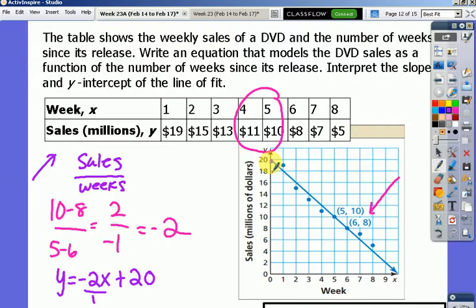You can't. There's pre-release, but for the most part that's not going to happen. It makes the most money in its first week of sales, not in a week when it's not even out. So you can say, interpret the y-intercept: it makes no sense because you can't sell $20 million worth of DVDs before it's even out. So that's 0 weeks. Does that make sense?